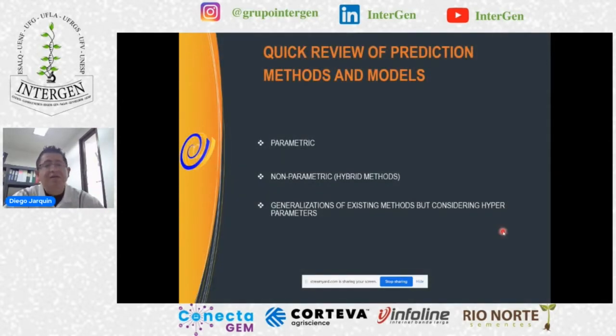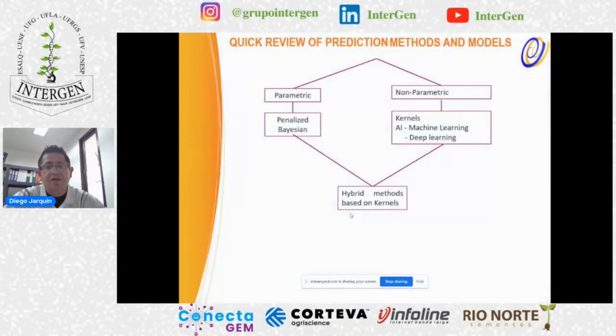Now, let's have a quick review of the prediction methods and models. So far we have, on one side, parametric models, which you can say are Bayesian or penalized methods. We have non-parametric methods, and what we call hybrid methods. Some of these are generalizations of existing methods, but considering hyperparameters in the case of AI methods.